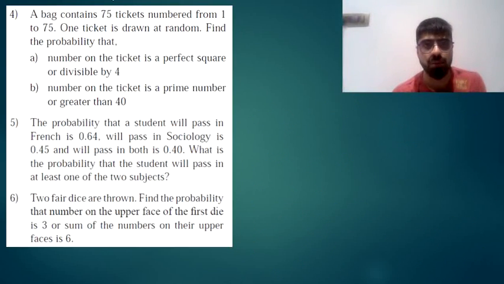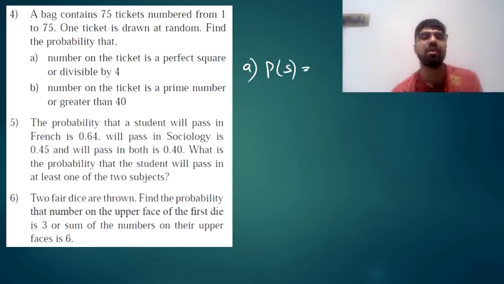The fourth one says, a bag contains 75 tickets numbered from 1 to 75, and you're taking out one ticket at random. Find the probability that the number on the ticket is a perfect square or it is divisible by 4. So let's talk of it in this way. The A part will be answered in this way. The probability of the number being a perfect square, from 1 to 75, how many squares do you have in total?